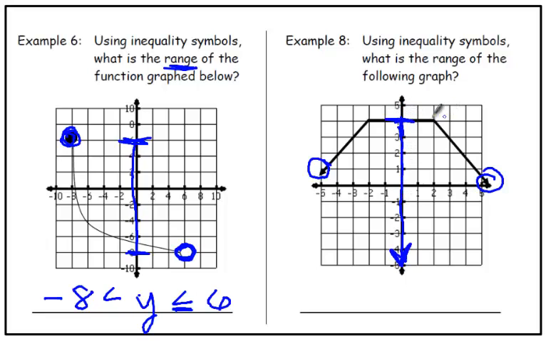And even though there's not a circle with a solid point, we still understand that the value of 4 was used on every single point on the line right here. So the minimum value, negative infinity, is less than y is less than or equal to 4. And yes, we will write the equal to because the value 4 was used in the graph.